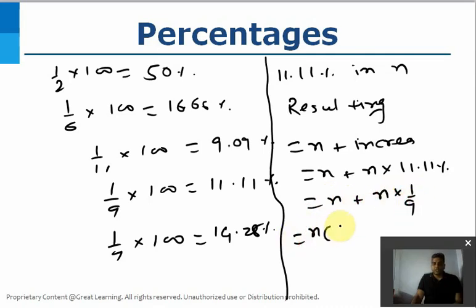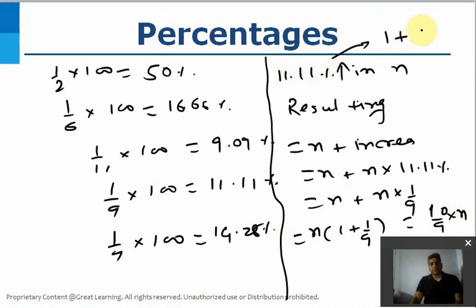So taking n common, n(1 + 1/9), so 10 by 9 into n. In a way, if I have an increase, I just have to add the fraction, which here is 1 by 9, and this becomes 10 by 9. So 10 by 9 into the original number, n, is our resulting number.